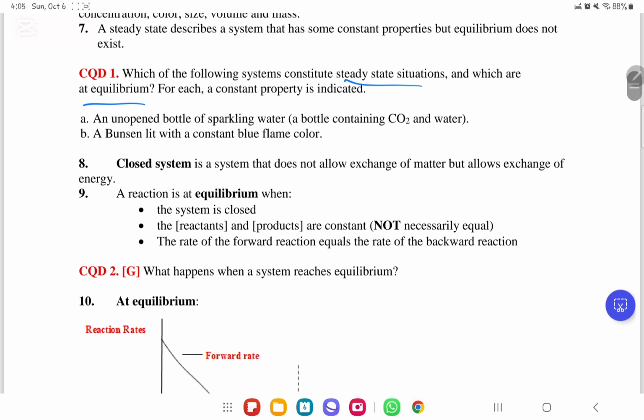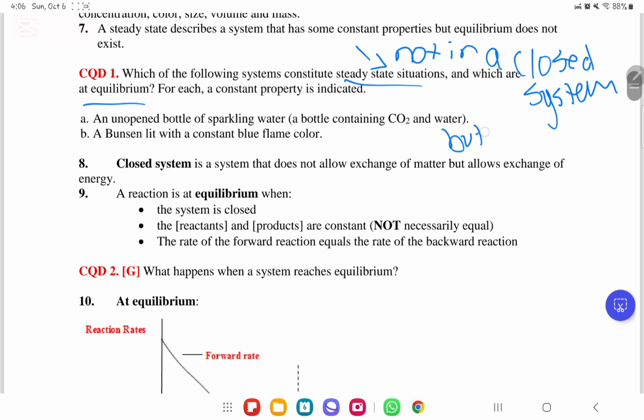What do we mean by steady state? By steady state we mean it is not in a closed system, okay, but it has constant properties.